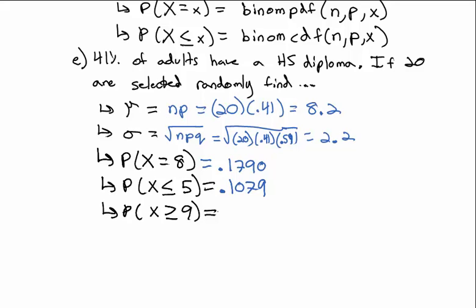So what we need to do is we're going to take 100%, all the possibilities, and we will subtract off the cumulative distribution as x goes up to and equal to, be careful here, on the left side, do we include 9? Yes, we do. So on the right side, we do not want to include 9, so we're only going to go up to and equal to 8.